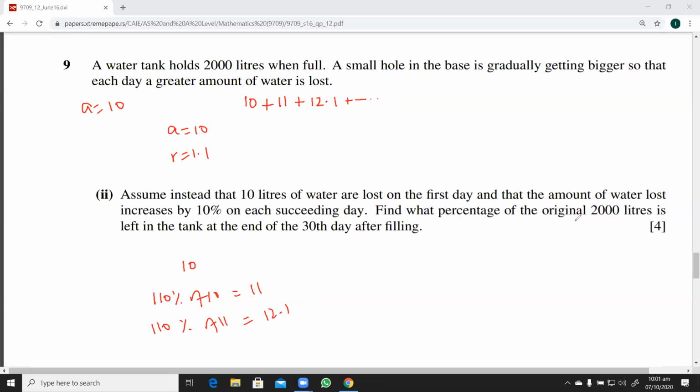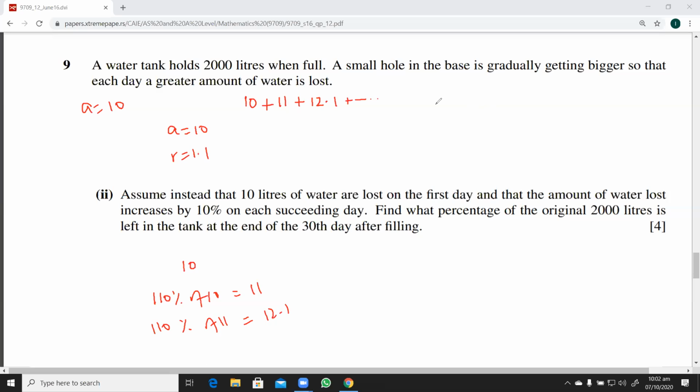Find what percentage of the original 2000 liters is left in the tank at the end of the 30th day. So should I find the water lost on 30th day, or the total water lost up to the 30th day? We should find the sum.